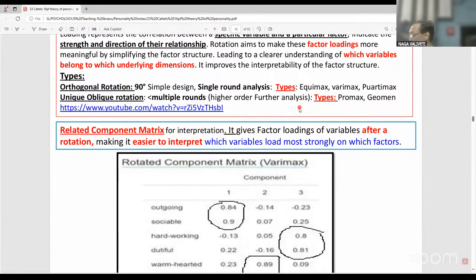For example, if you are doing the second order from 16 to 5, which method will you use? Automatically, we use the oblique method, since we are going further. Suppose you are stopping at one stage and not going further to find out whether any further merger is possible; but if you want to do that exercise, then you go for oblique.